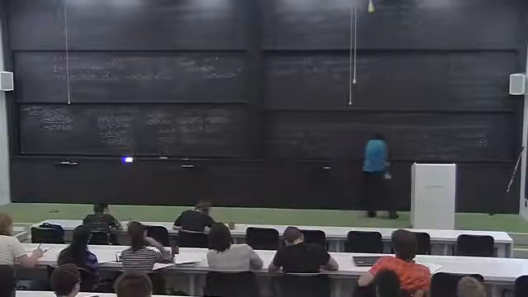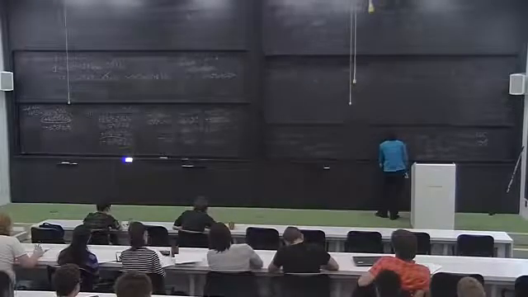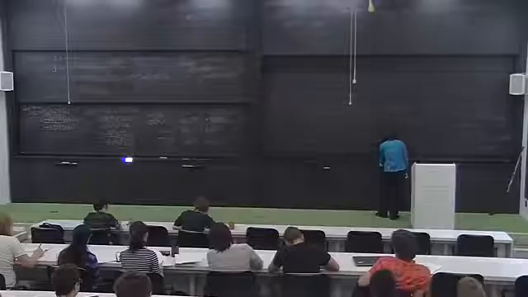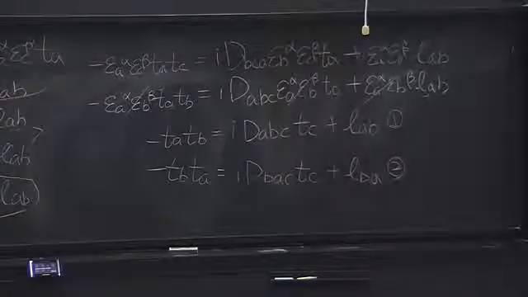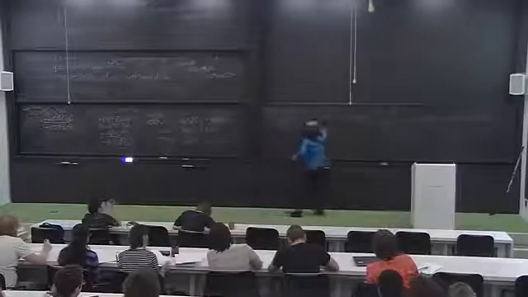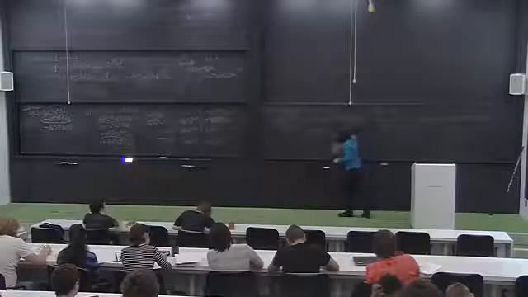All right. So what do we get out of here? It is something some of you might have already seen. Let me just write down what we get by subtracting those two equations.